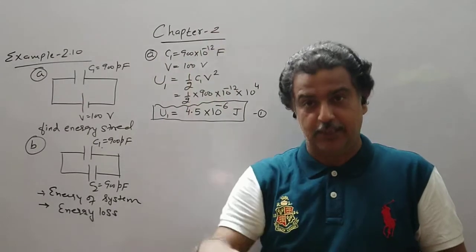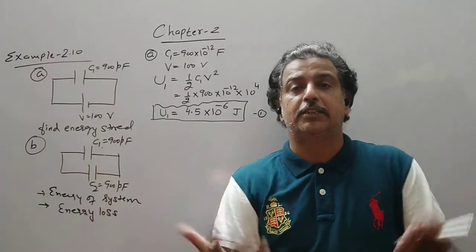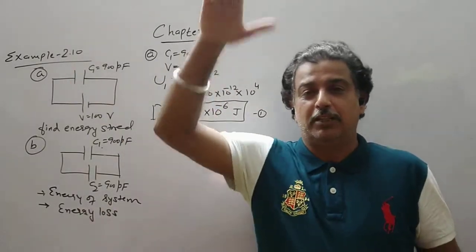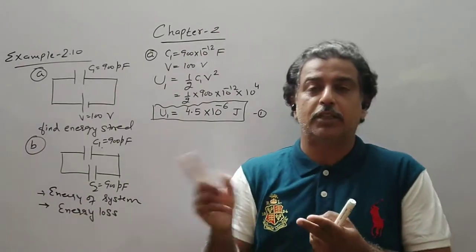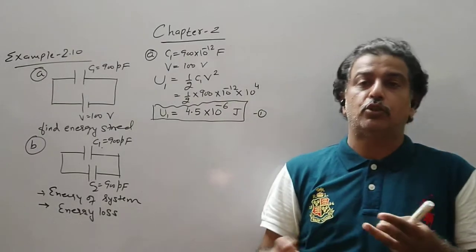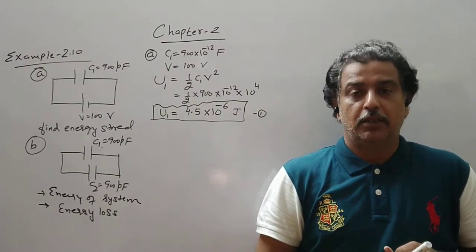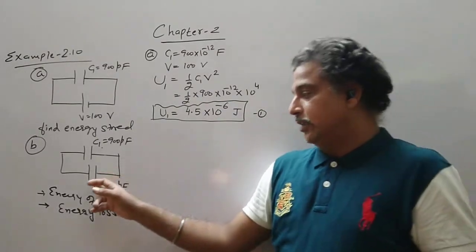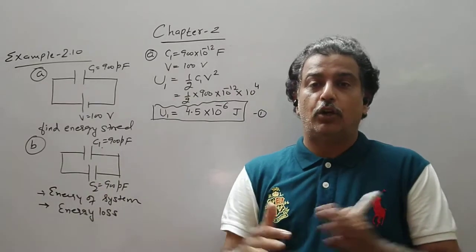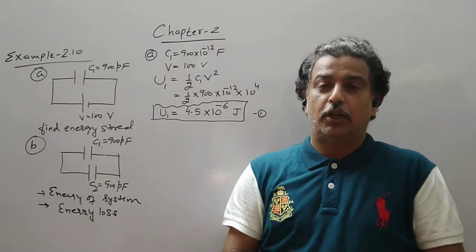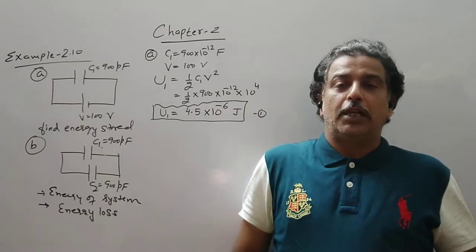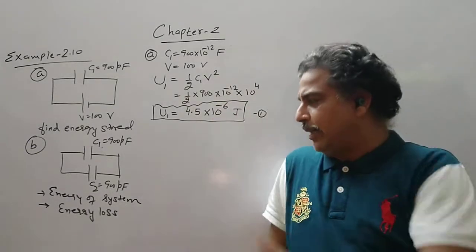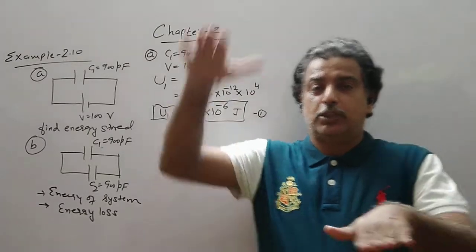Now it is discharging. It was charged, now it is discharged. So C1's level will come down. C1's level means either you say its energy will decrease, or the charge deposited on it will decrease, or the potential will decrease. And on the other end, the charge on C2 will increase, or its energy will increase, or its voltage will increase. Then you have to find the total energy of the system, or each capacitor also we can find. So the situation is like this.